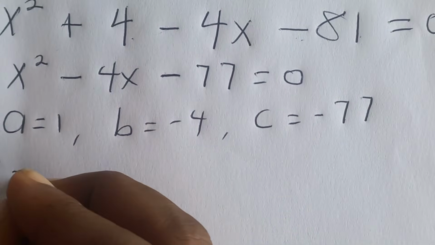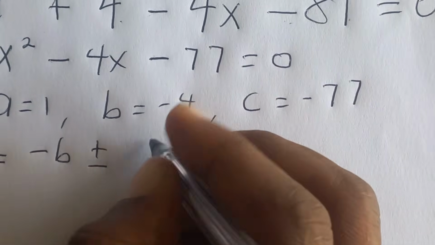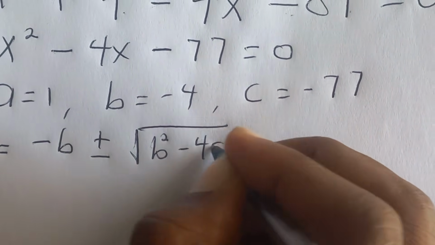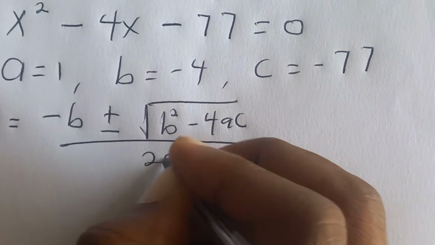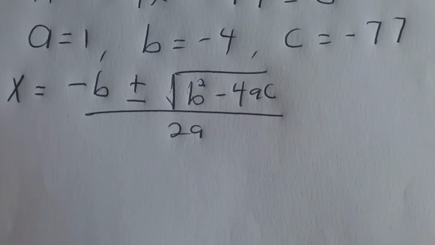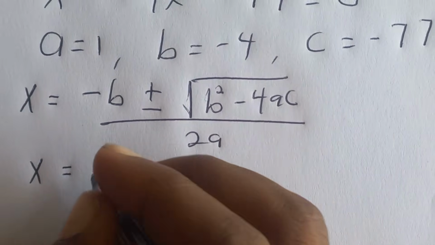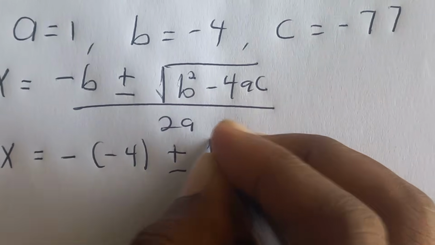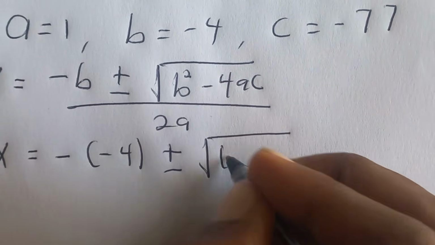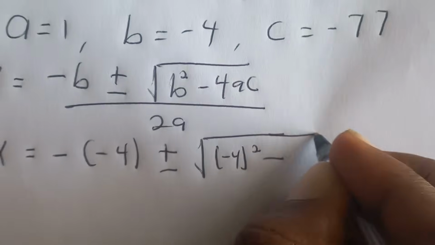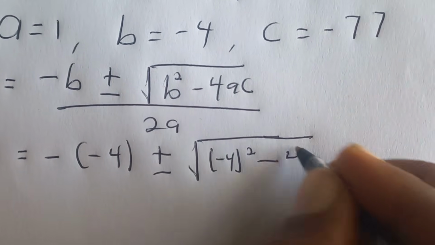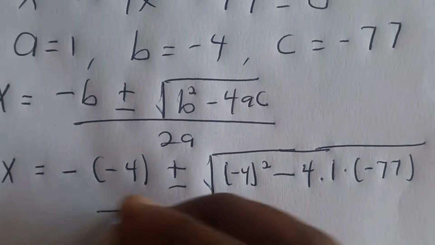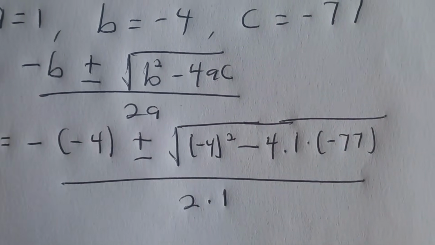So x is equal to minus b plus or minus square root of b squared minus 4ac, all over 2a. So our x is equal to negative b, which is 4, plus or minus square root of b squared, negative 4 squared, minus 4 multiplied by 1 multiplied by negative 77, all over 2 multiplied by 1.